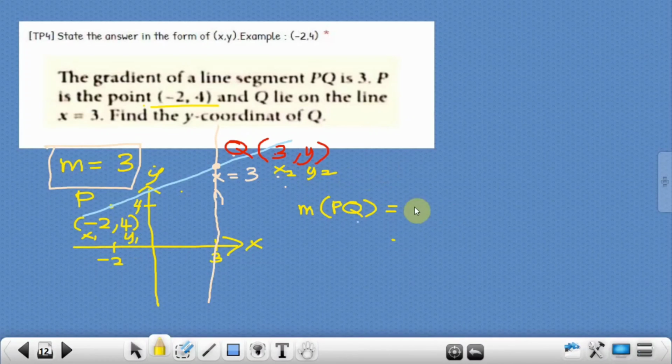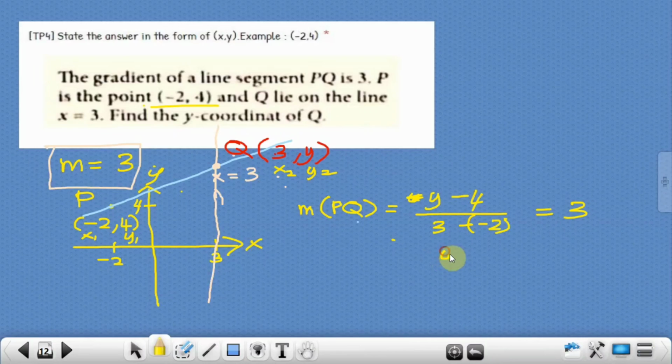The gradient of PQ is y2 which is y, minus y1 which is 4, divided by x2 which is 3, minus -2. This will be equal to 3 because the gradient is given.